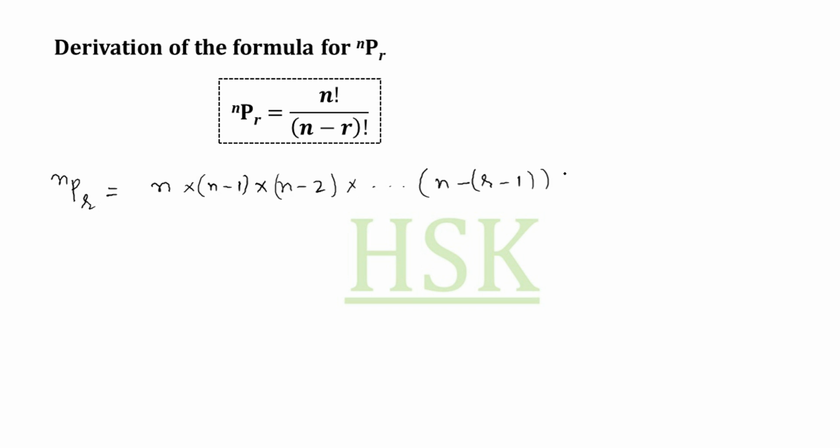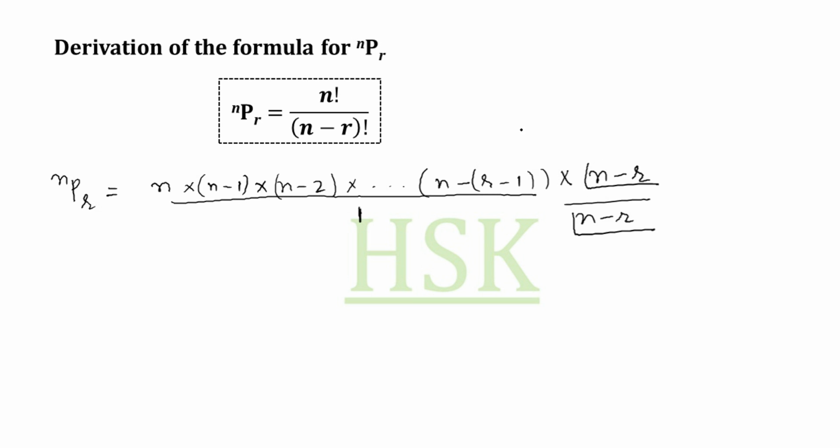Now what I do here is that I multiply and divide. I assume that this term, which doesn't have any fraction, is upon 1, and after this I multiply this by n minus r factorial.